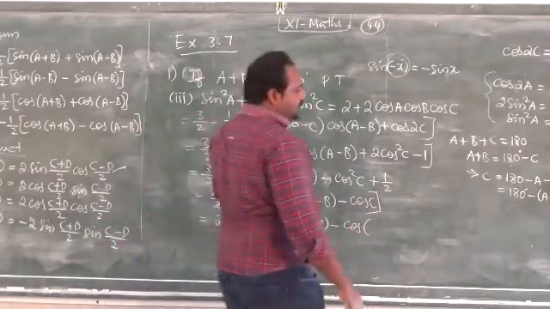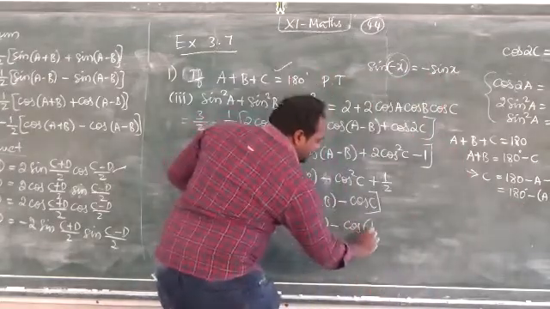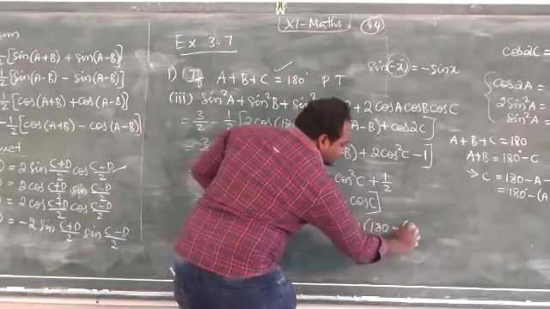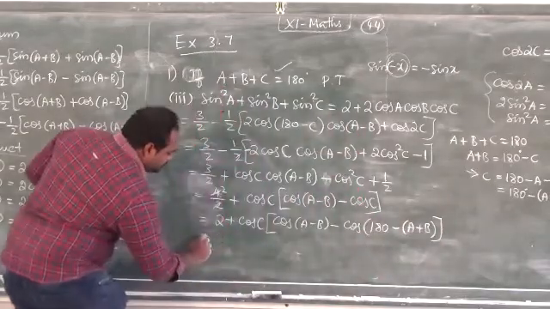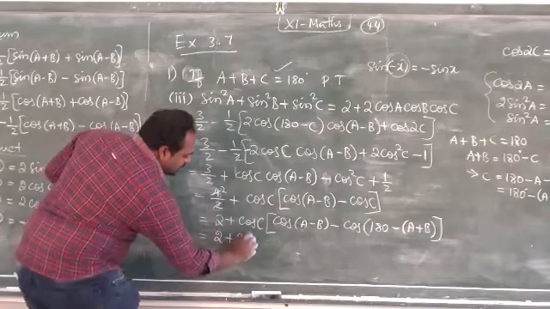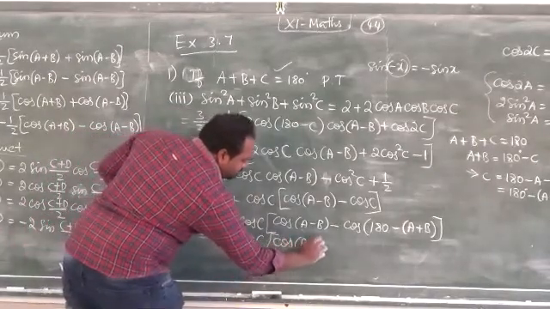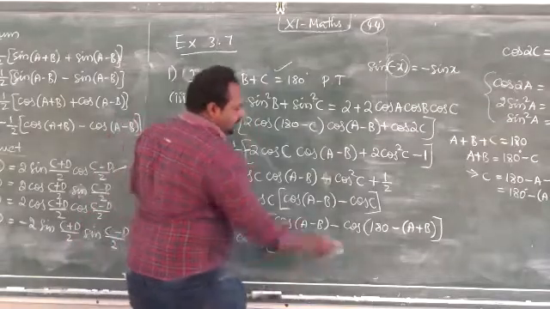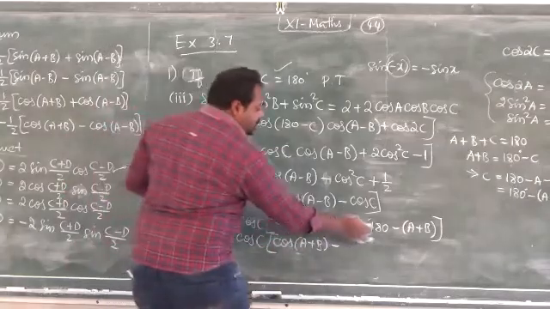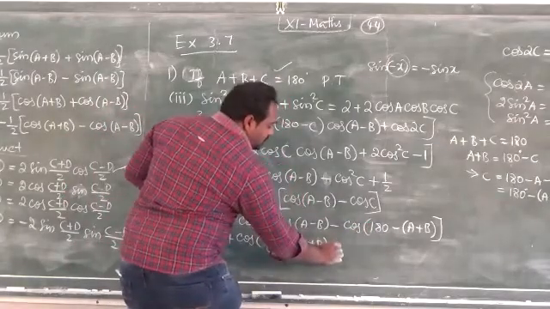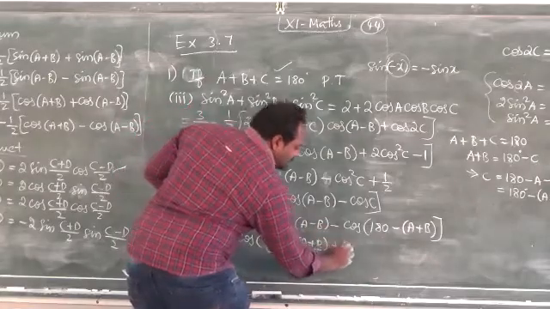I told you, instead of c I can write 180 minus (a plus b). So here, 2 plus cos c, cos of (a minus b) minus, which is second quadrant, cos negative, so one minus will come; here there is already one minus, so it will become plus cos of (a plus b).